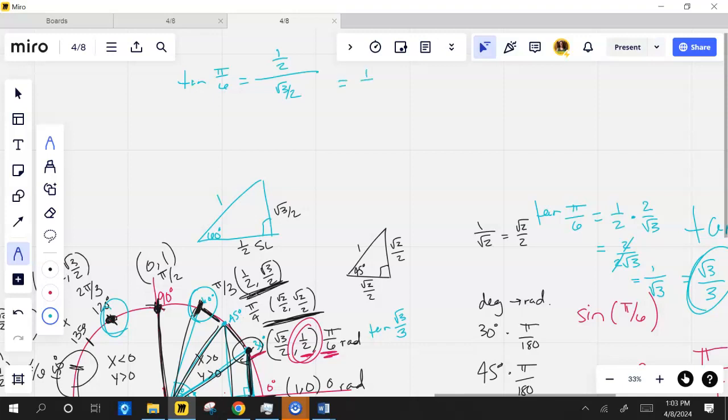Instead, I do the top times, and I flip the bottom over. So I get 2 over 2 root 3. The 2's cancel, so I just have 1 over square root of 3, but I can't leave a radical in the bottom, so I multiply the top and the bottom by square root of 3.